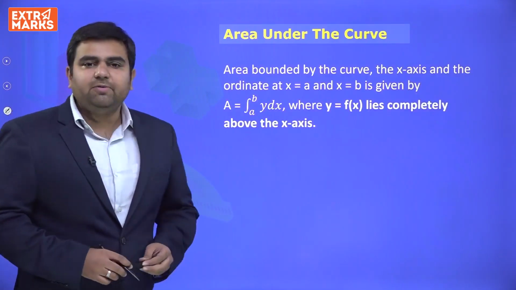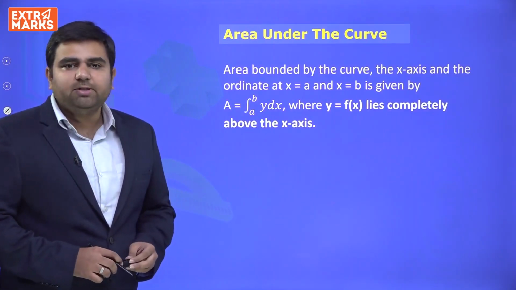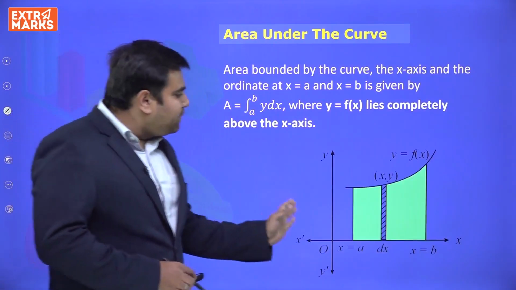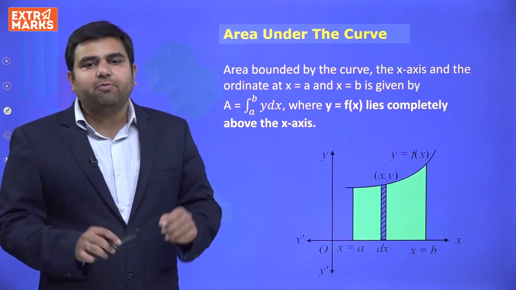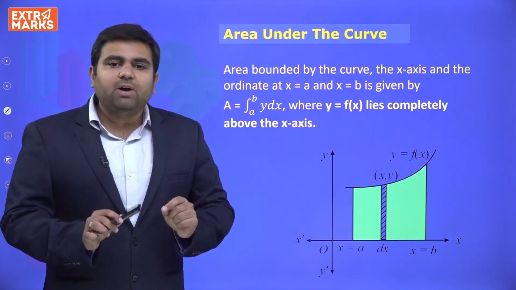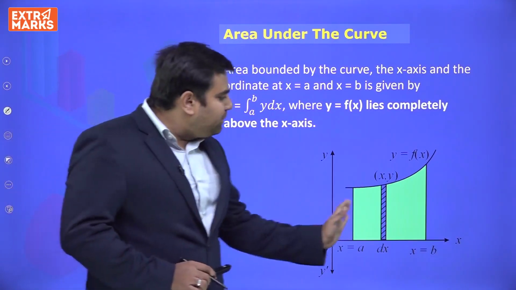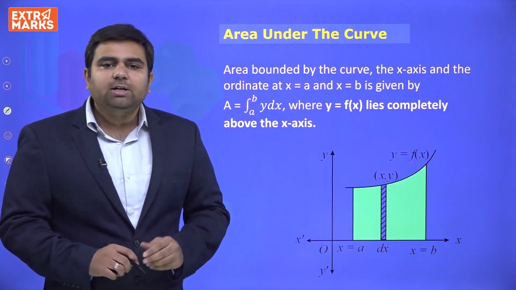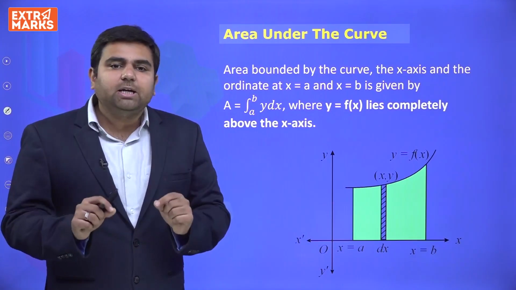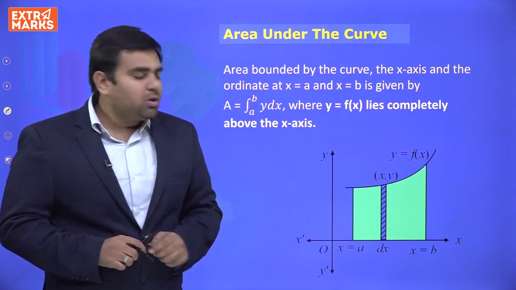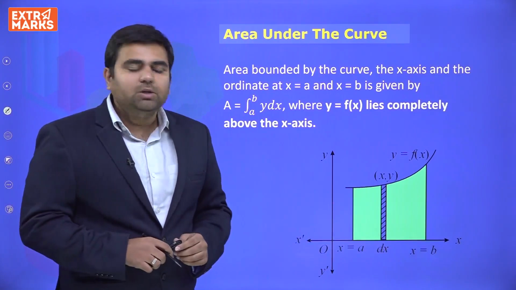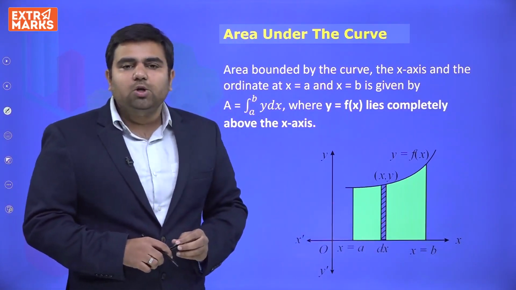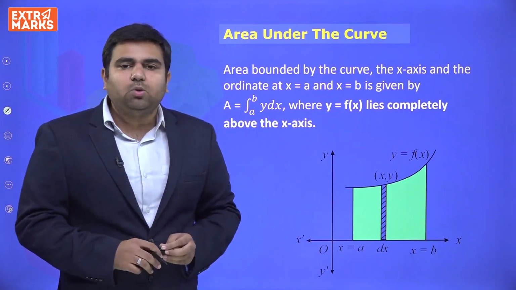Let us consider that we have a curve y equal to f of x, and this curve lies completely above the x-axis. So this is the first case. Now we need to find the area bounded by the curve y equal to f of x with the x-axis and the ordinates x equal to a and x equal to b.